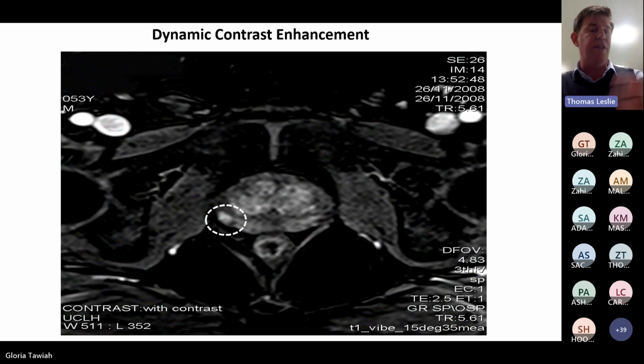Then they might look at some of the special MRI characteristics, such as washout, and say it's still an area of interest. And finally, diffusion weighted images. If that same area comes up on all the different parameters, so multiparametric, that raises the risk of there being prostate cancer there.